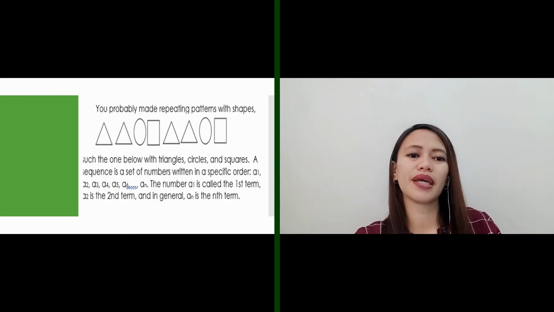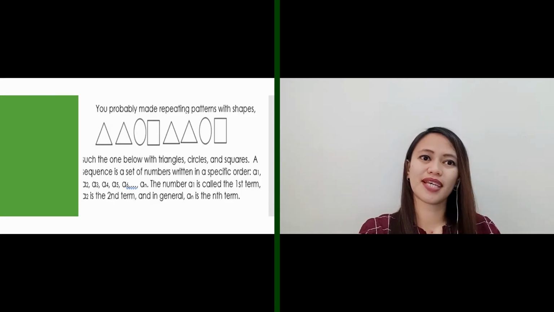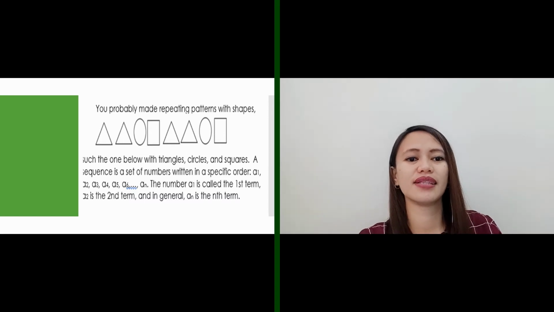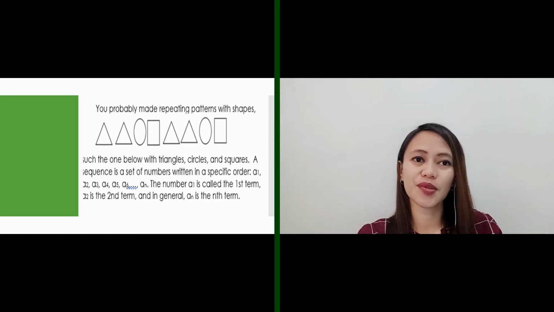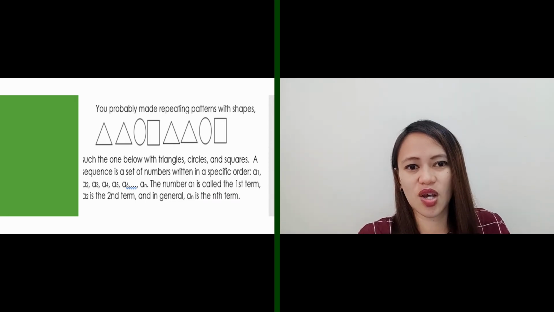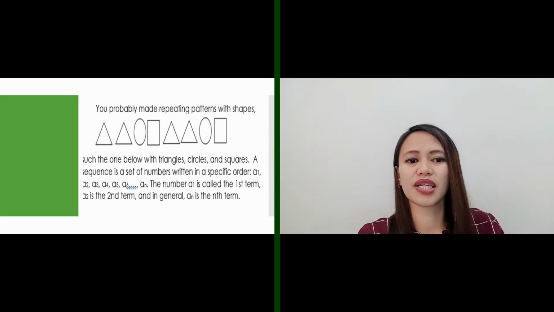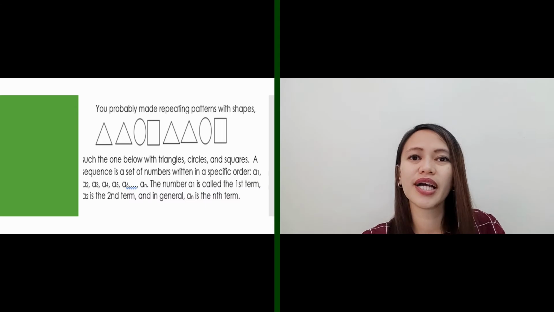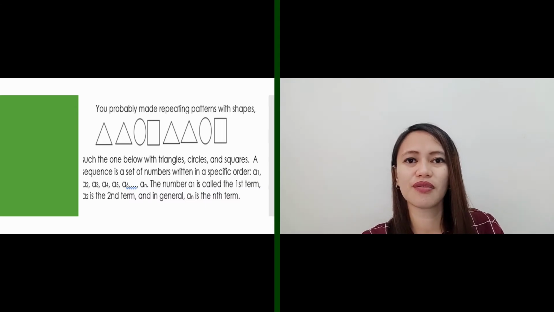You've probably made repeating patterns with shapes such as the one that we had below, with triangles, circles, and squares. So a sequence is a set of numbers or objects written in a specific order. So we have a sub 1, a sub 2, a sub 3, a sub 4, and so on and so forth, up to a sub n, or the nth term.